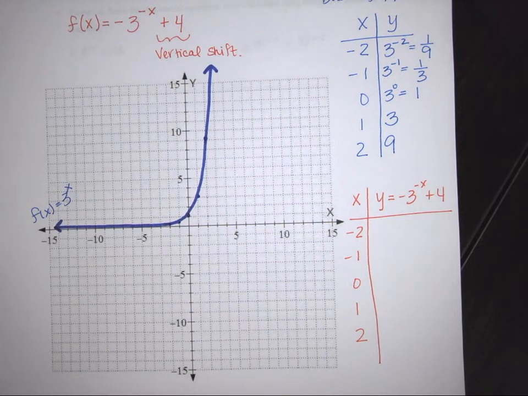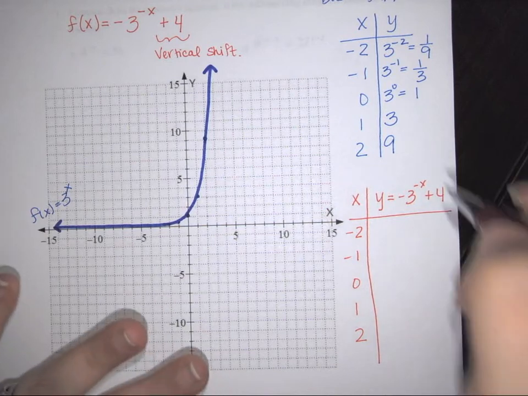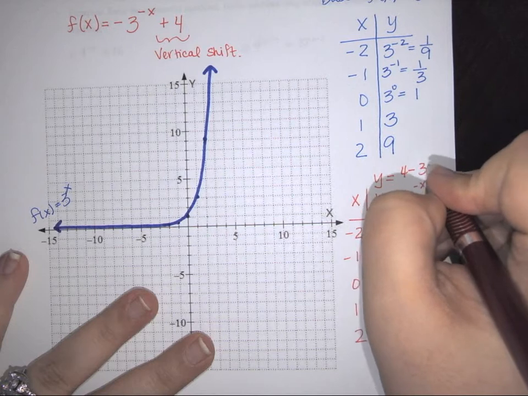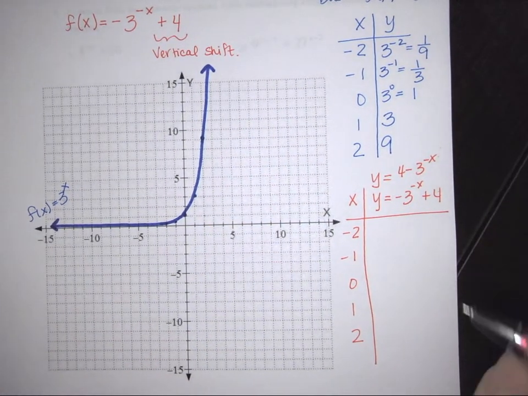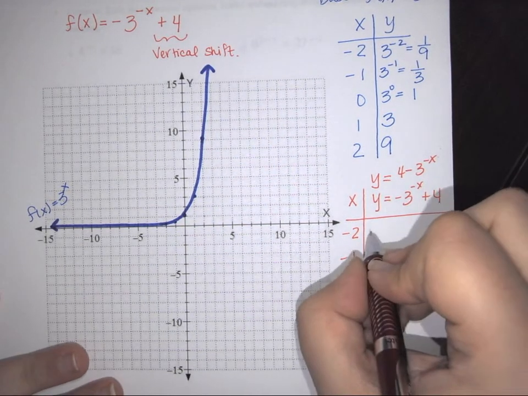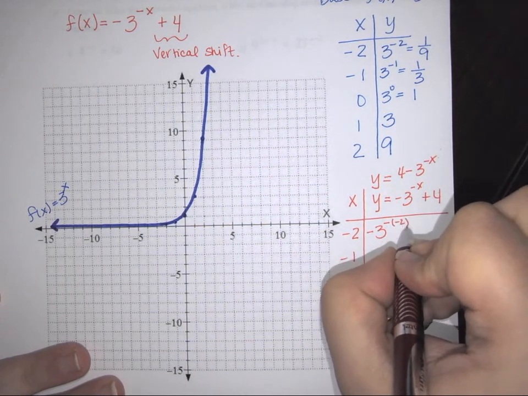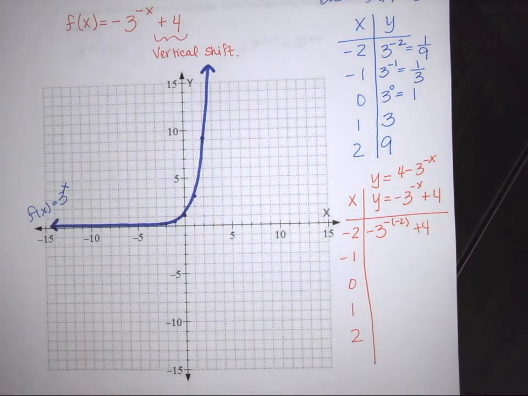And you can do this in your calculator, just like we did the other problem, where you can either use it in this form or you can input it in the other. So remember, it was 4 minus 3 to the negative x. Either way you input it is going to work just fine. And so here you have to input your value in. So we would have negative 3 to the negative of negative 2 plus 4. So we would have to look at what that gives you.